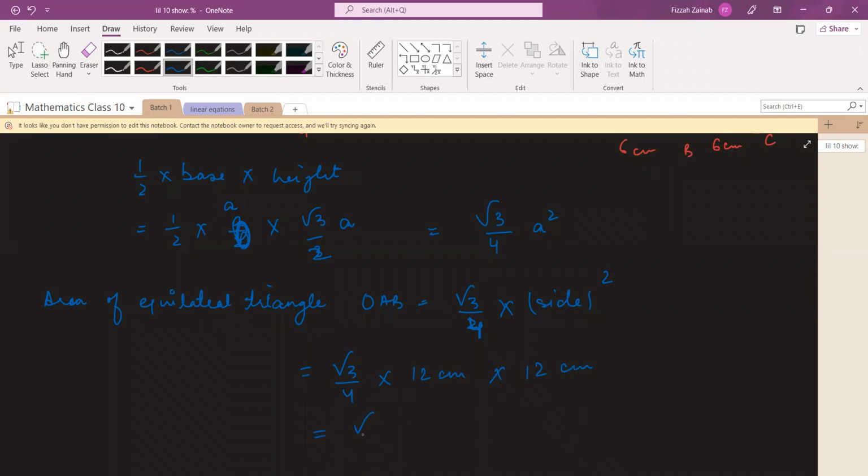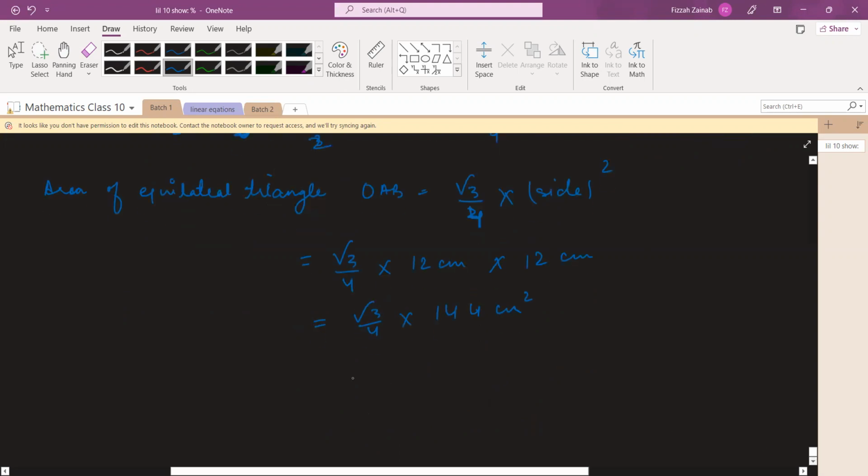So this is under root 3 by 4 into 12 into 12, which is 144 centimeter square, right? And then you can divide this by 4 if you wish. So under root 3 into 4 into 3 is 12, then 24 will be 6 times centimeter square. So this is 36 root 3 centimeter square, right?